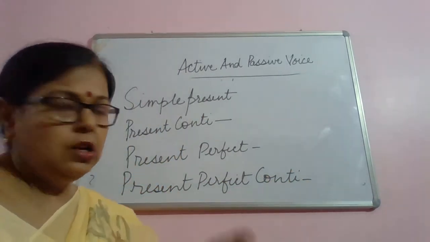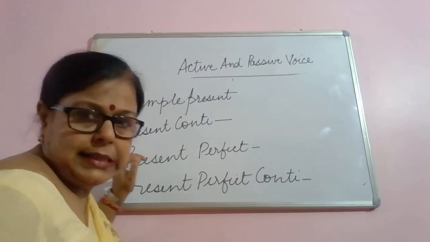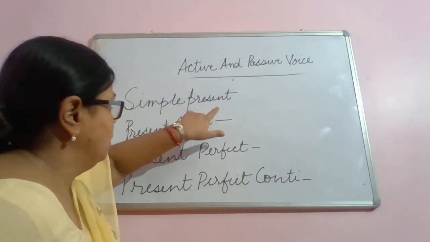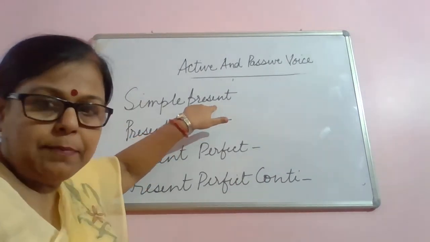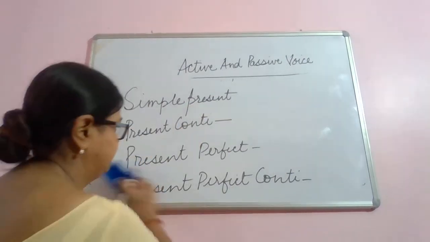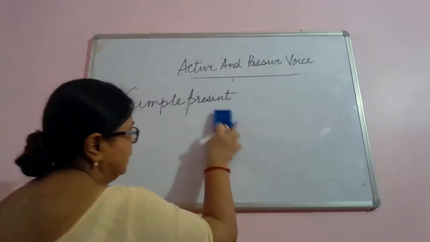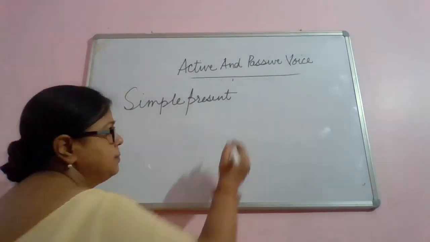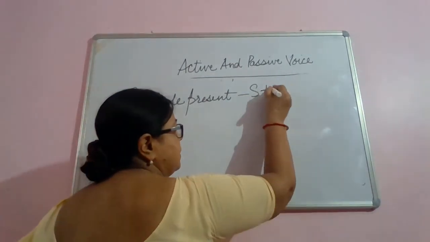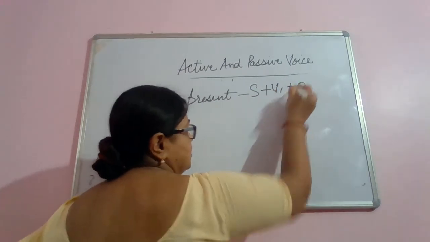These four tenses are there. Now we'll take the example of simple present. What is the structure of simple present? Subject plus V1 plus object.